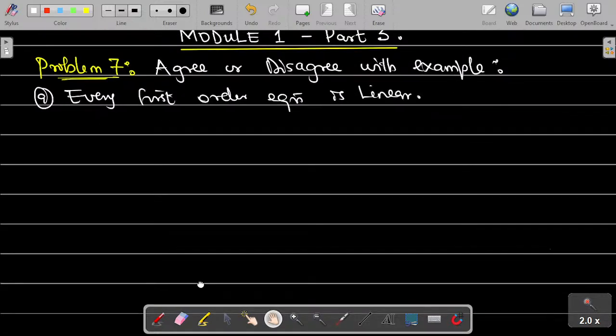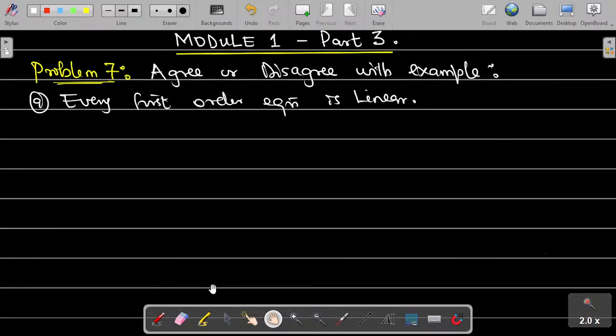Okay, so for number 7, let's start. The first one says every first order equation is linear, and the claim here is disagree. We disagree with this because it is possible to have a first order differential equation that is not linear.